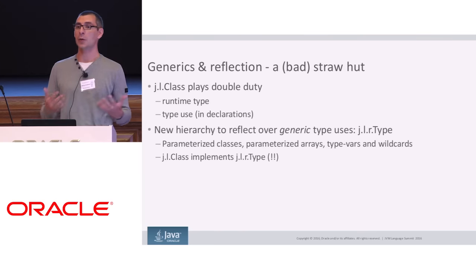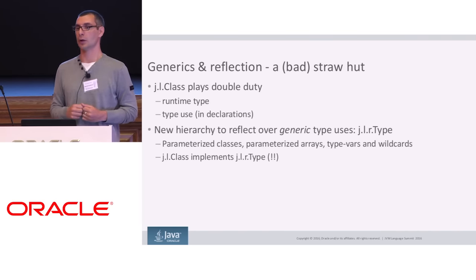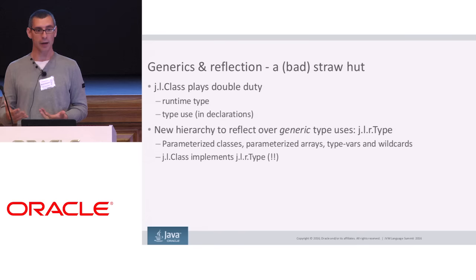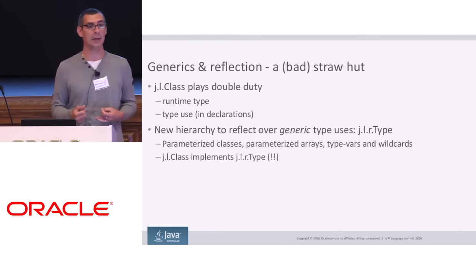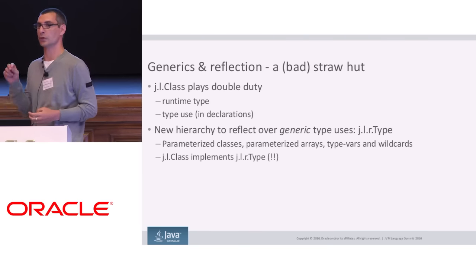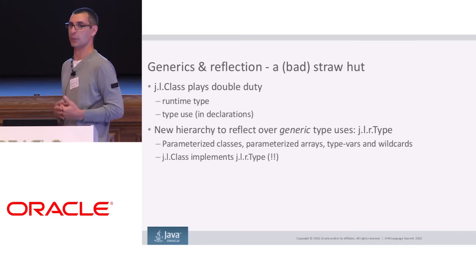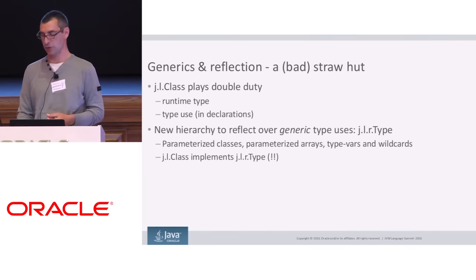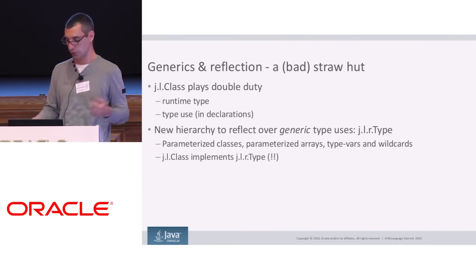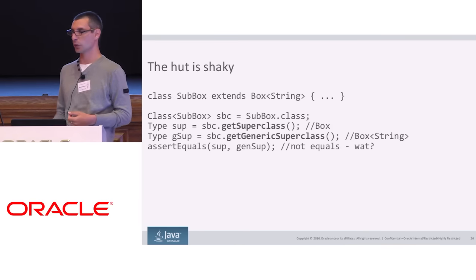Reflection will allow you to see that generic superclass as it was written in the source code, which means we now have a new hierarchy, called java.lang.reflect.Type, which is used to represent any type that is representable in the signature attribute that was stuck there by javac. Why do we need the signature attribute? Again, for separate compilation. And again, reflection is parsing that attribute and exposing that information back to the user. How does this work? Well, so and so.